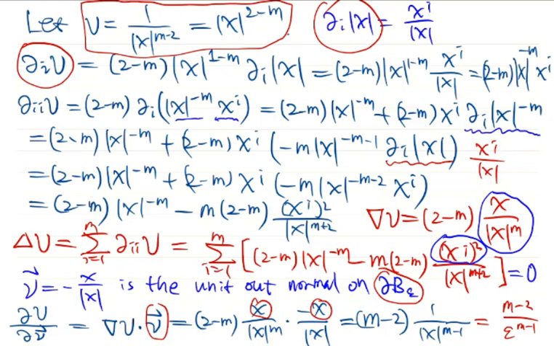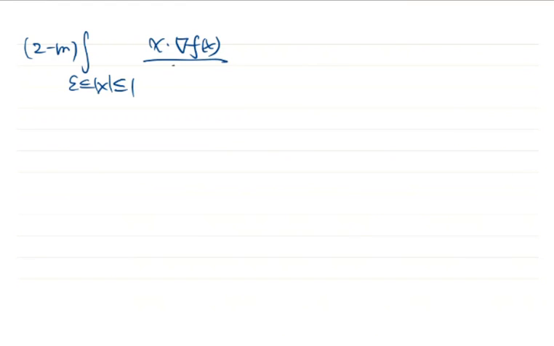Now we can conclude our computation. We have that 2 minus m times the integral over the unit ball B1 minus B epsilon, where epsilon is less than the norm of x less than 1, of the gradient of f dotted with x over the norm of x to the m, dx, equals the integral of v inner product with our f, dx.